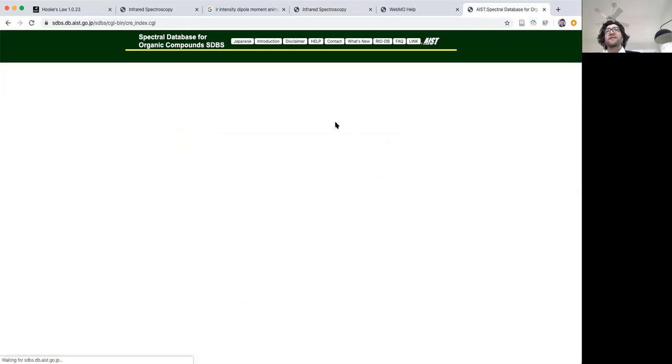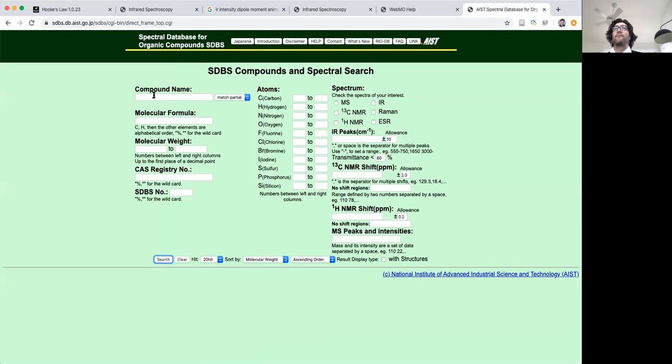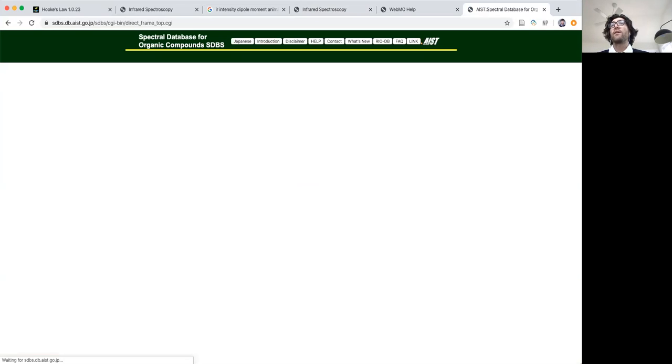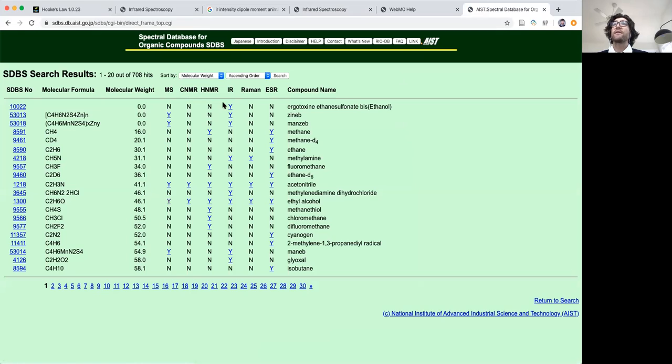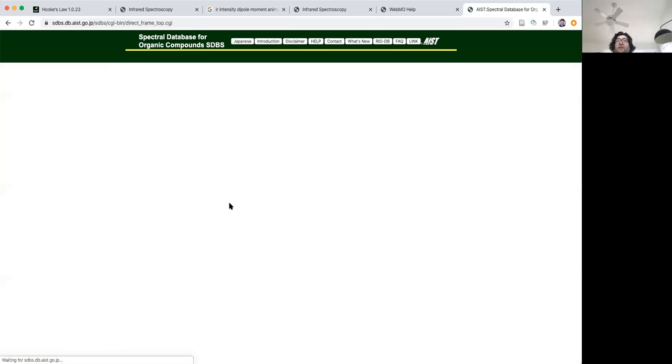And it's really nice because you can type into the database a compound name or molecular formula. So let's say we want to look at ethane. Okay, ethane does not have an IR spectrum shown, but methylamine does. Let's look at ethyl alcohol. Here we go, ethyl alcohol.